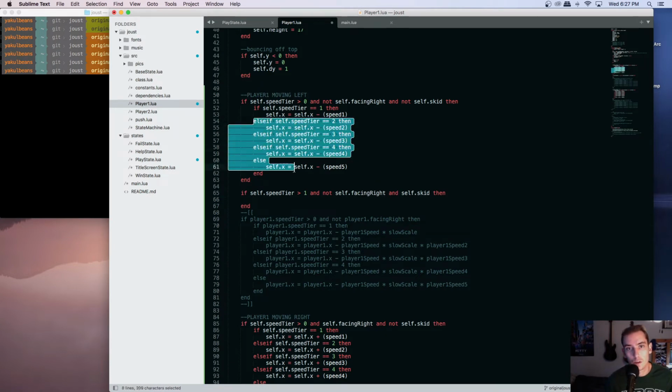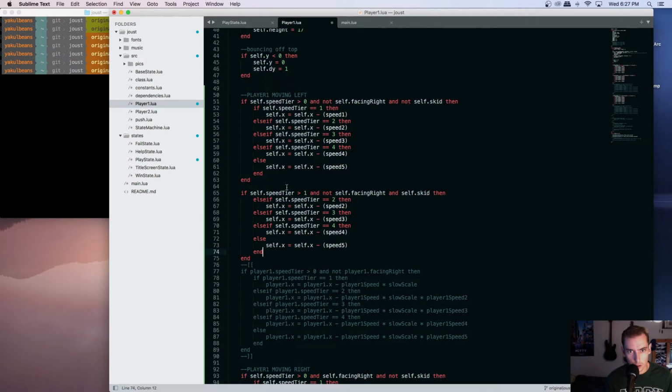So for now, if its speed tier is 1, then update its x to be its current x. So we want this value to get smaller until it's 0.